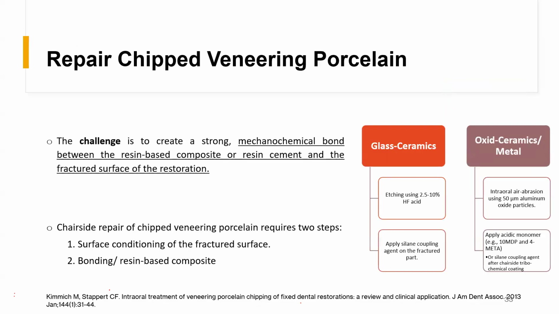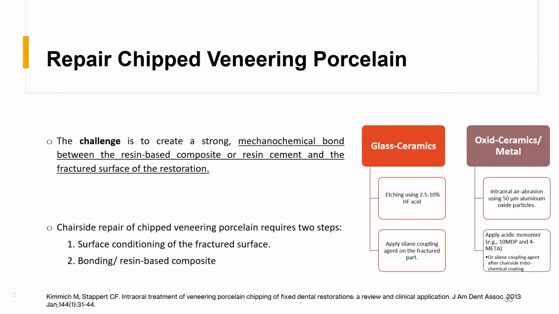Now, repair of chipped veneering porcelain. The challenge in repairing chipped porcelain veneer with composite or with a new veneer is to create a strong mechano-chemical bond between the resin-based composite or the resin cement and the fractured surface of the restoration, which frequently consists of two different materials.